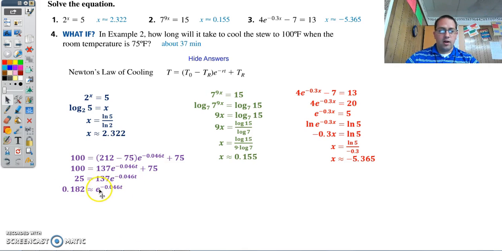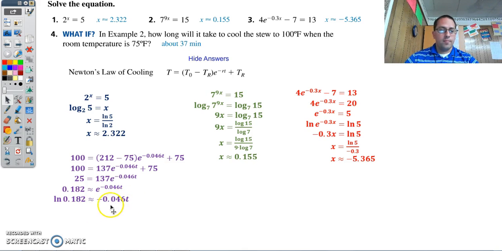And now I have my exponential portion all isolated, right? I want to get rid of this e, and I want to get t out of the exponent, so I'm going to write this as a logarithm. So I have log base e, or natural log, of my answer, which becomes my argument, equals my exponent, negative 0.0416.